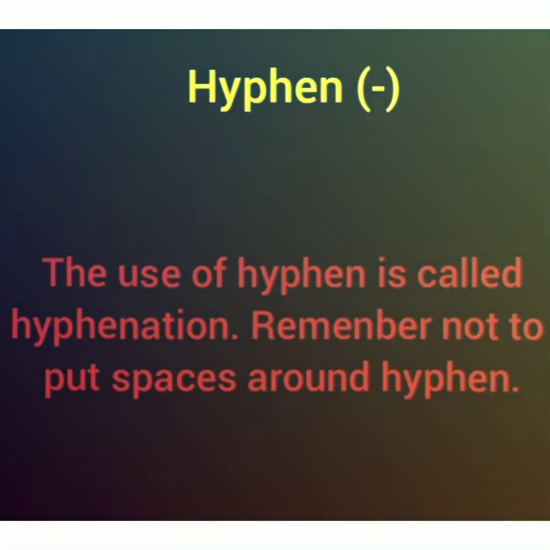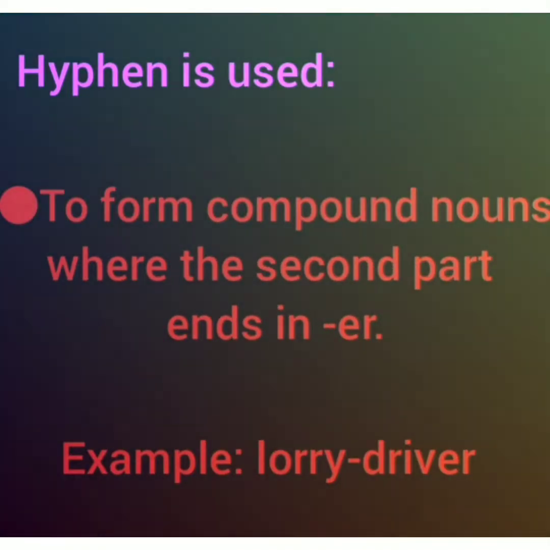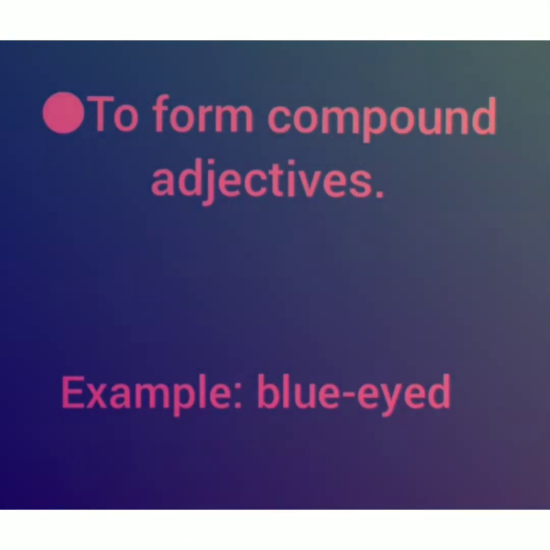Hyphen. The use of hyphen is called hyphenation. Remember not to put spaces around hyphen. Hyphen is used to form compound nouns where the second part ends in "er". For example, lorry-driver. To form compound adjectives.